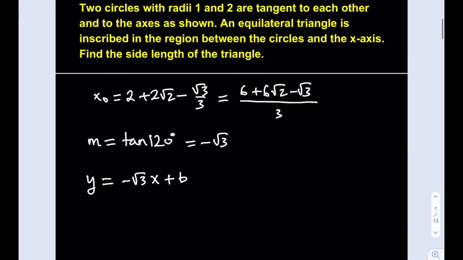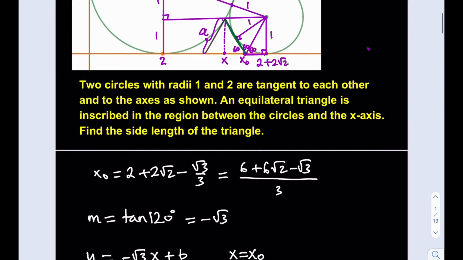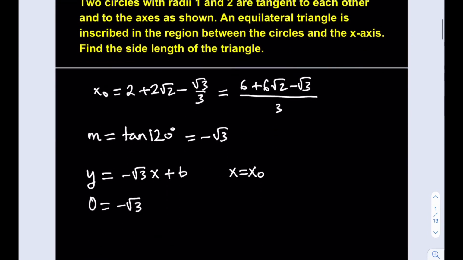Okay, let's go ahead and do that. y will be 0 and x will be x0. So we're going to set x equal to x0. And the x0 value, we just calculated that right here. So that's going to be times 6 plus 6 root 2 minus root 3 all over 3 plus b.